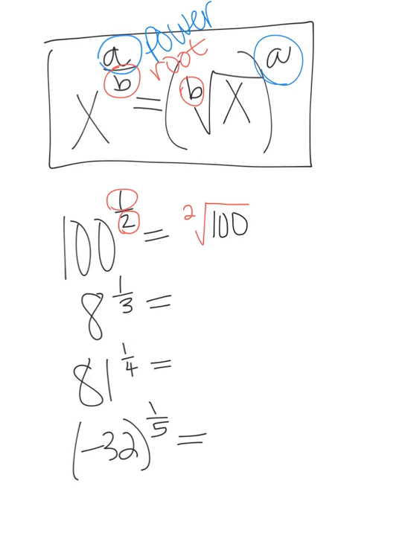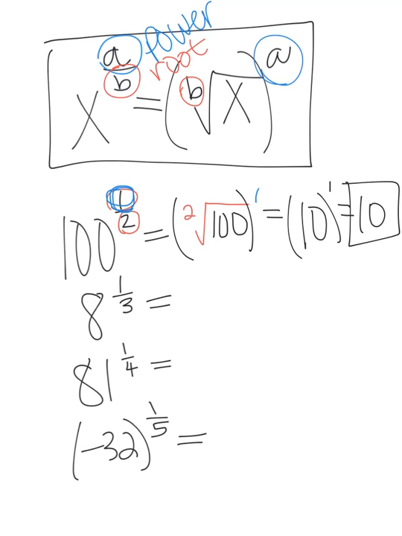And then my power would be 1. Remember that we don't have to write this little 2 here. So this is really the square root of 100. The square root of 100 is 10. And then this would be 10 to the first power, which is just 10.